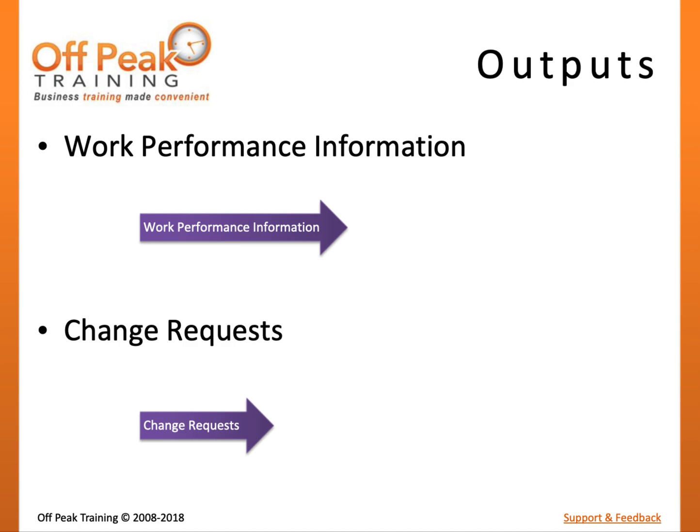This may also provide a comparison of actual stakeholder engagement versus the desired stakeholder engagement provided in the stakeholder engagement matrix. Work performance information will be an input to the monitor and control project work process, where it will be consolidated and used for generating performance reports.